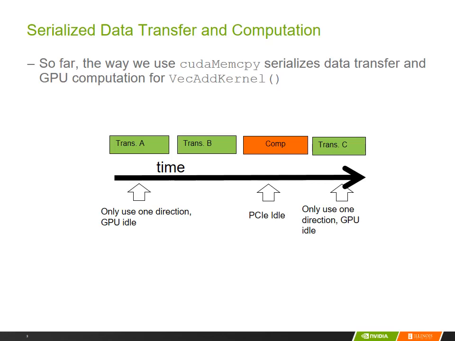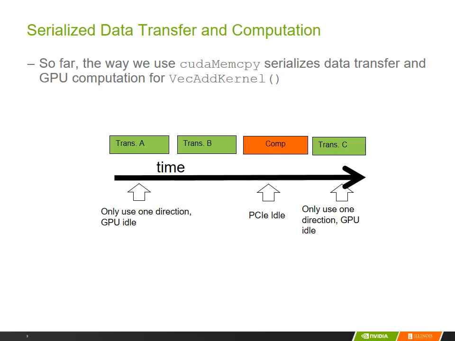As we mark in the bottom of the picture, this particular style of transfer and compute has several problems. During the time when we transfer A and B from CPU to GPU, we're only using one direction, that is the direction going from CPU to GPU of the PCIe interconnect. And also during this time, the GPU does not execute any kernel.